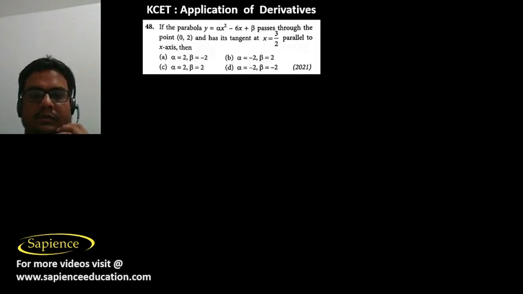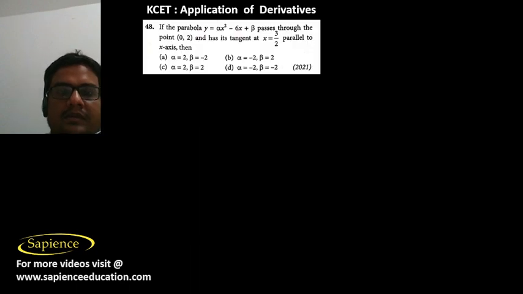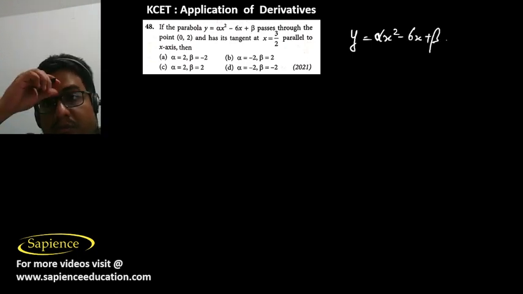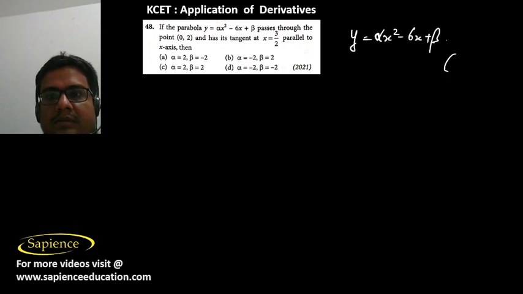And in question number 48 it is told that the parabola y equal to alpha x square minus 6x plus beta passes through the point (0, 2) and its tangent at x equal to 3 by 2 is parallel to the x-axis.